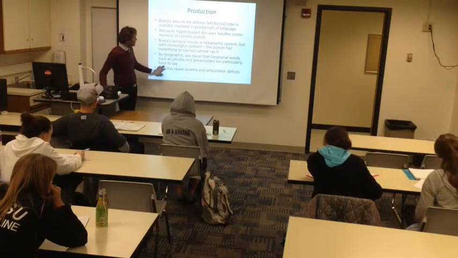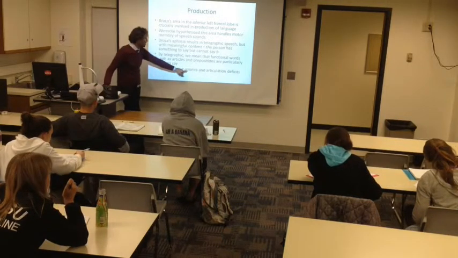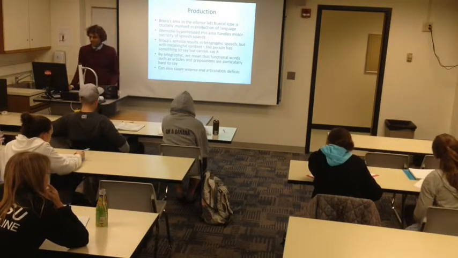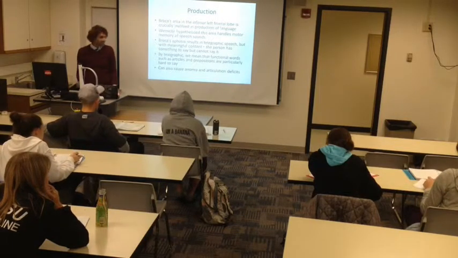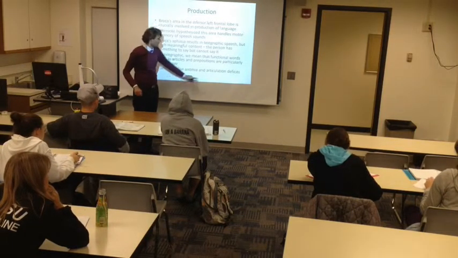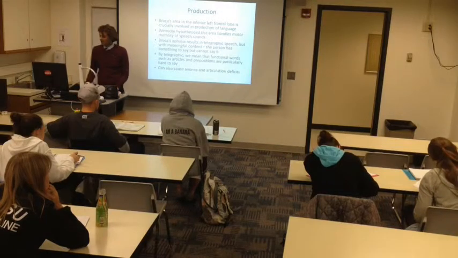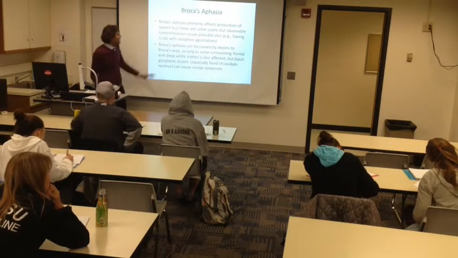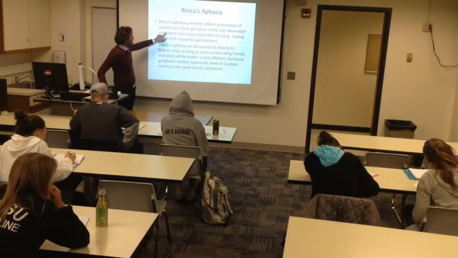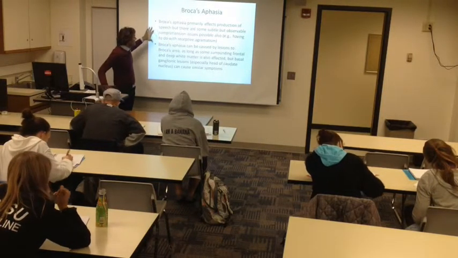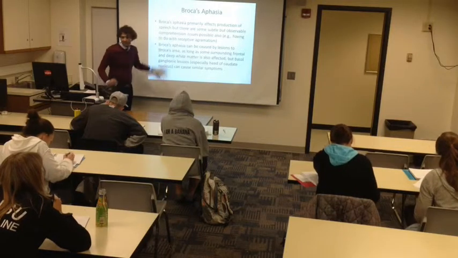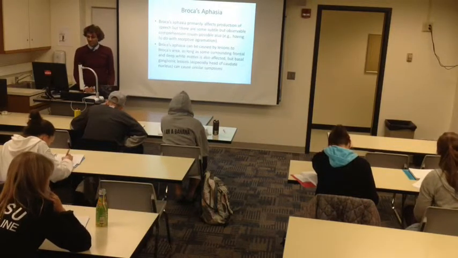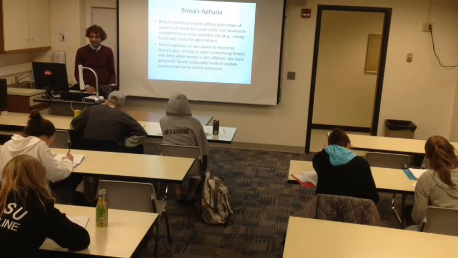In addition to the telegraphic characteristic, there's anomia. So there is a loss of ability to generate the names themselves, the content words. And there is also a problem with articulation deficits. Broca's aphasia classically was thought of as a lesion of Broca's area, and it was primarily thought to be a productive aphasia. Classical Broca's aphasia is actually a little bit more complicated than that.